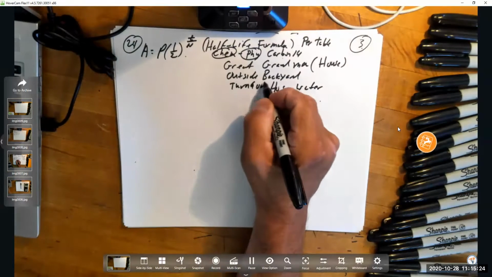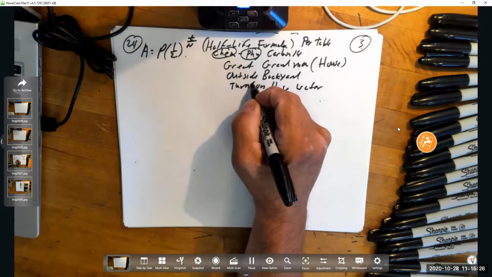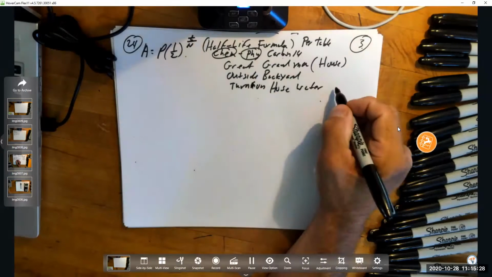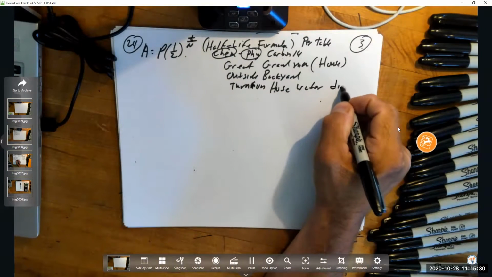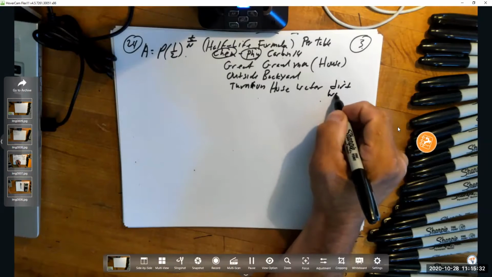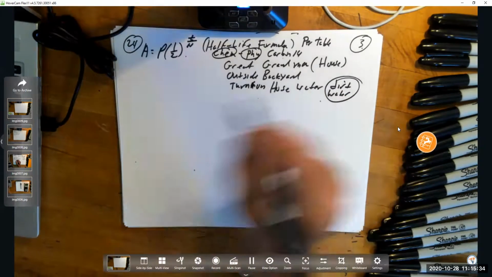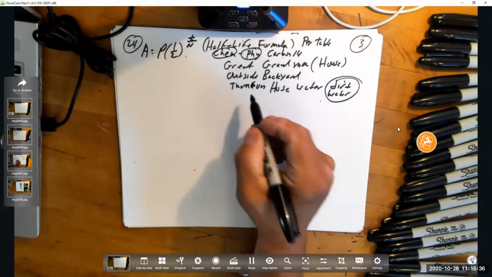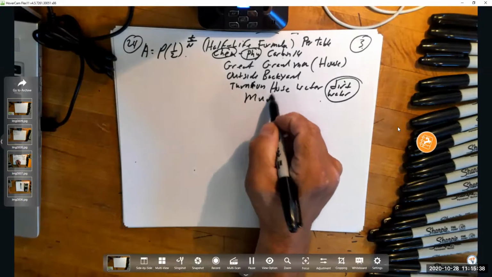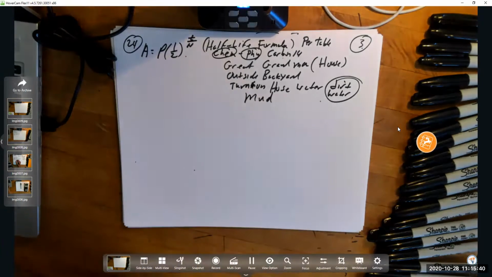You're gonna have dirt and you have water, and you mix it all together, you're gonna get something called mud, M-U-D. You can get lots of mud in the backyard of great grandma's house. Then you start digging up, putting more water in it, get more mud, and have fun.